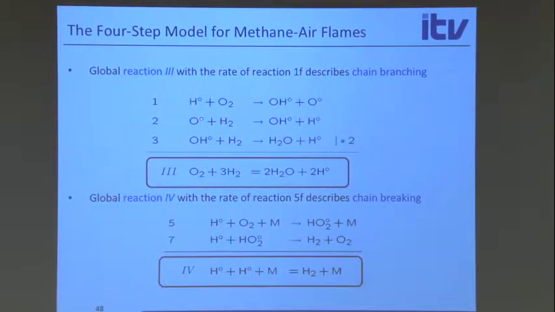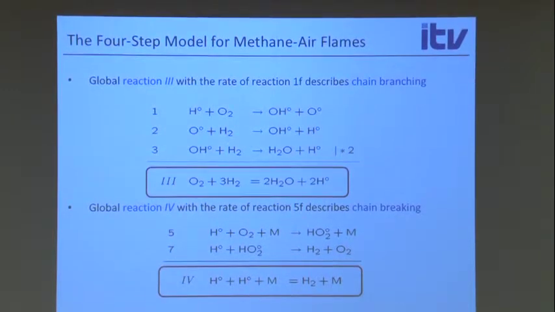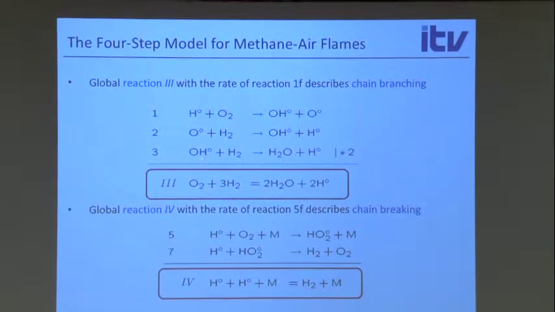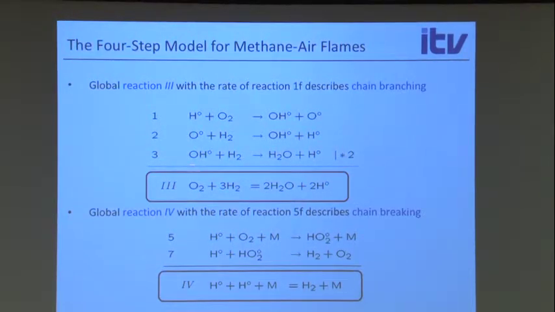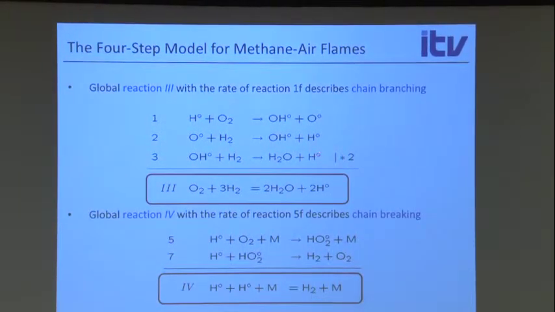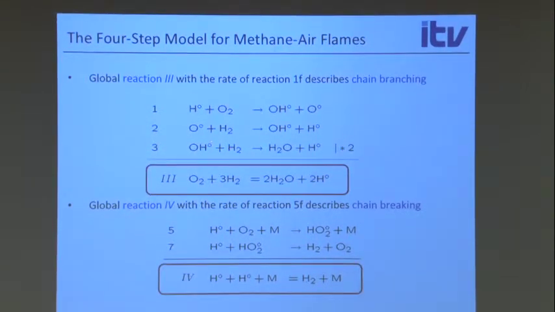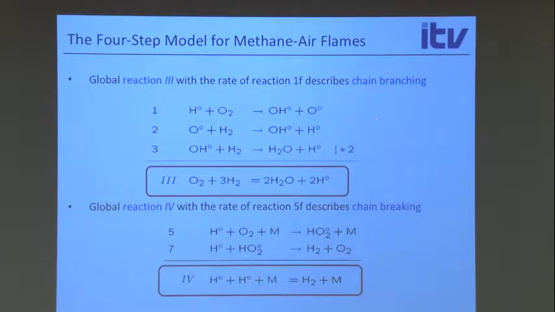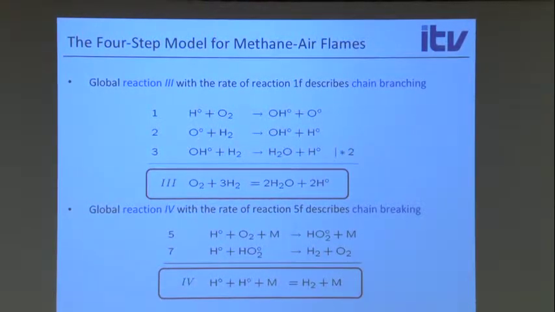And then this reaction 3 is also infinitely fast. So infinitely quickly you will convert these two OH radicals that you have now to H2O plus H. Okay, so if we add these up, you see the 2 OH go away, because we multiply this twice with this, and then the O goes away with this.